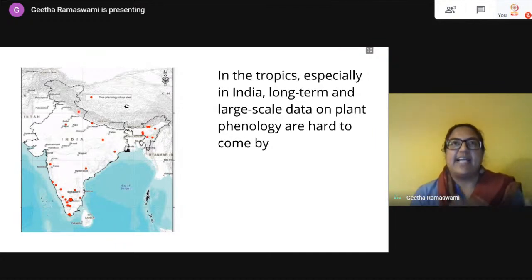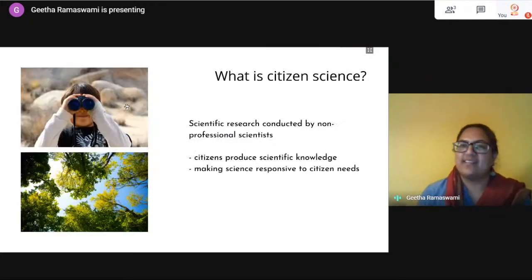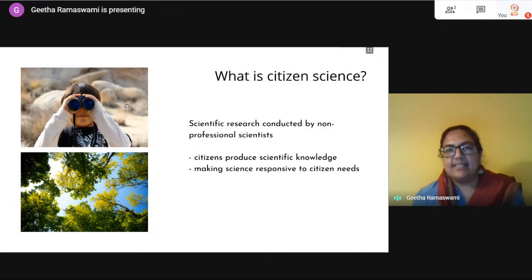This is because scientists are usually involved in more intensive, localized understanding, but citizen science presents the opportunity of going large scale. So just a little bit of a detour here, just to know what is citizen science. Citizen science is basically scientific research conducted by non-professional scientists.